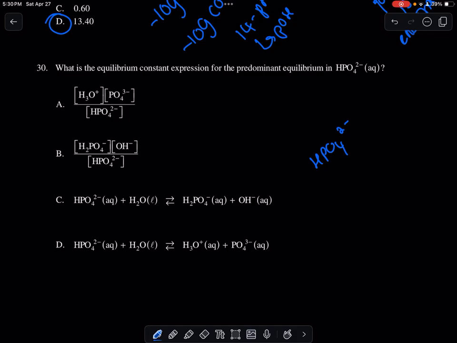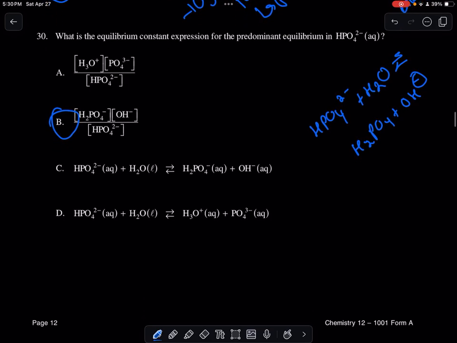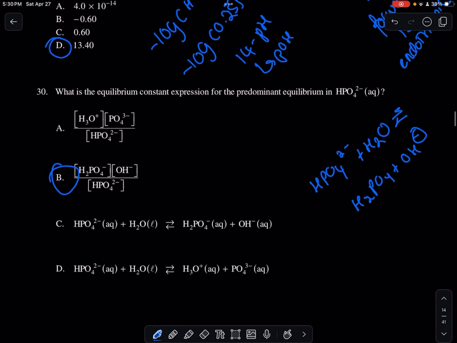So what's going to happen here is the following. It will react with water and it will make H2PO4 minus plus OH minus. So that will give us option B. Notice they're asking for an equilibrium constant expression, which is products over reactants.